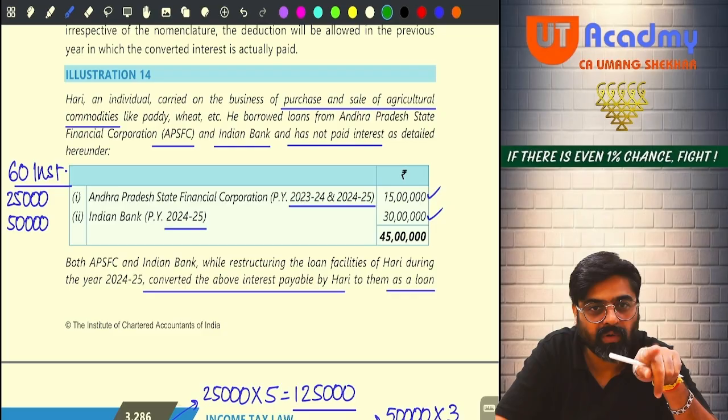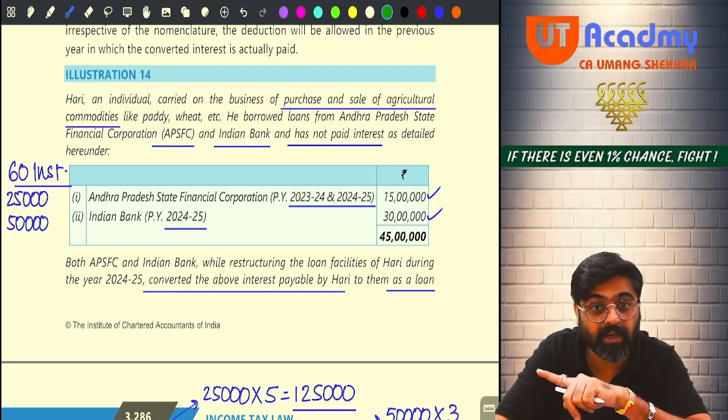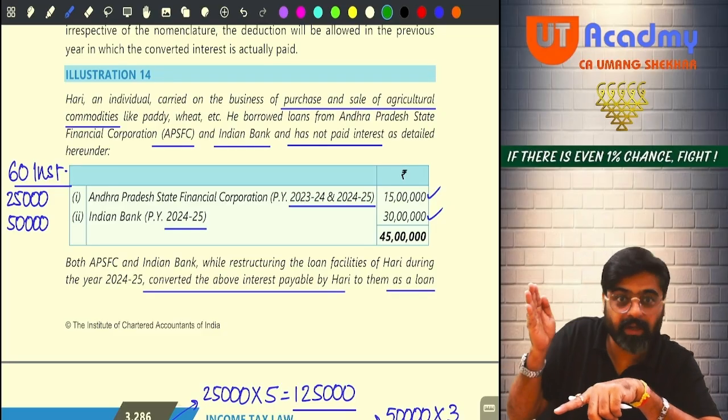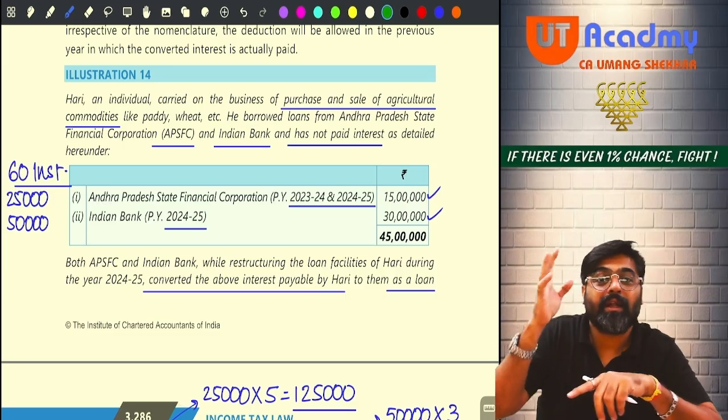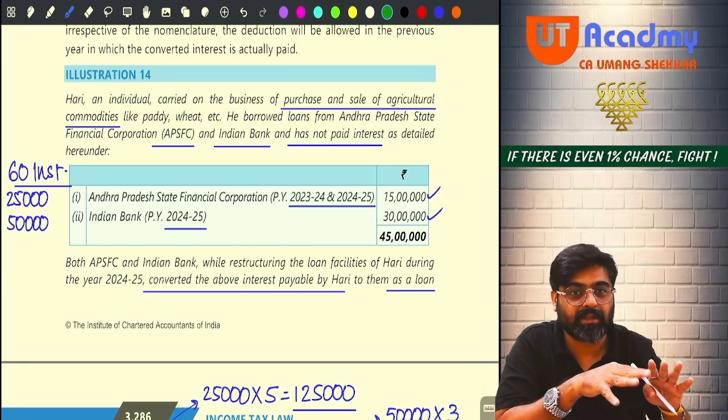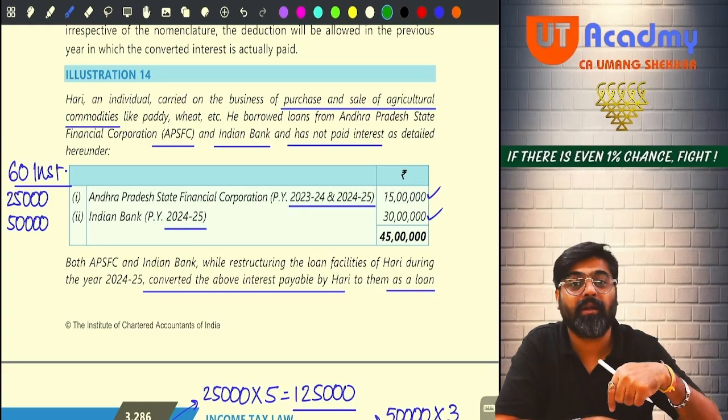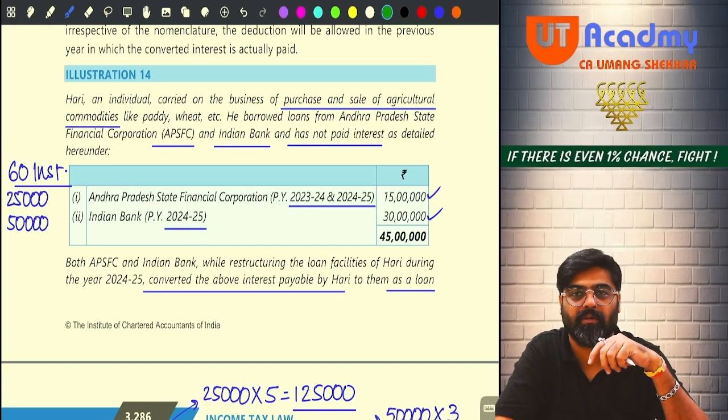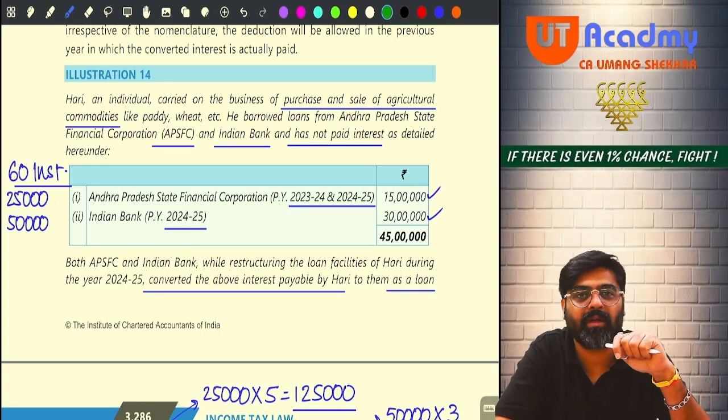Will you get it? No. Conversion of interest payable which was already disallowed, that conversion of that interest into loan will not be treated as actual payment. So in the year of conversion it cannot be claimed as deduction.